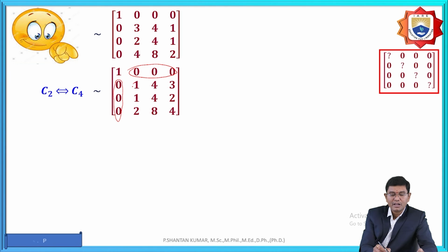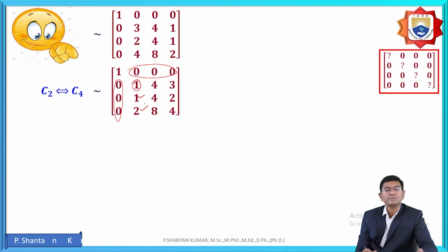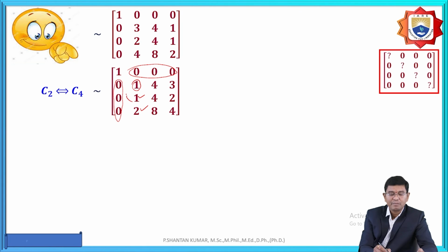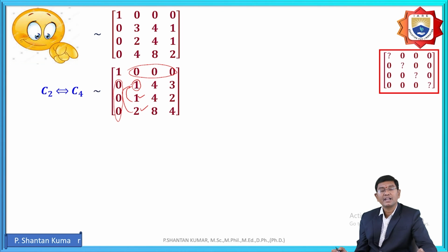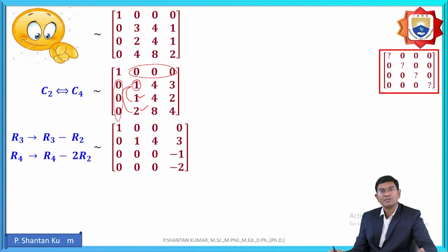Further, with the help of this value 1, we need to reduce the others to 0 and 0. With the key element, R3 minus R2 and R4 minus 2R2, the values will be 0.